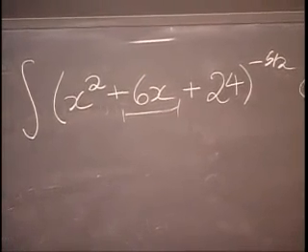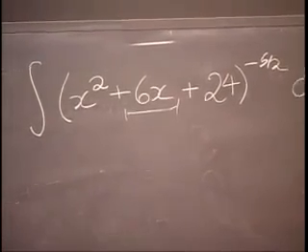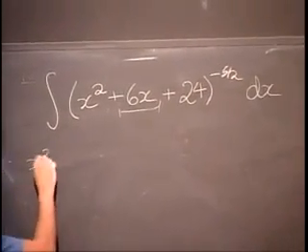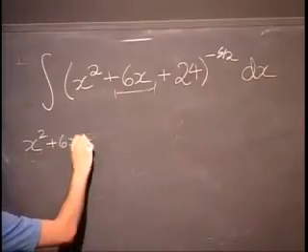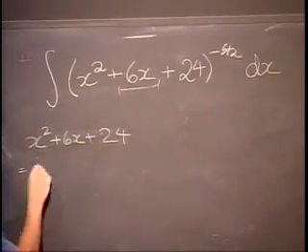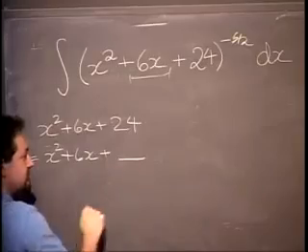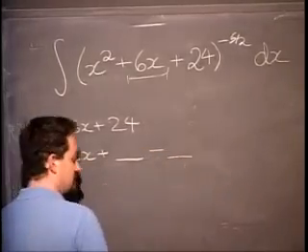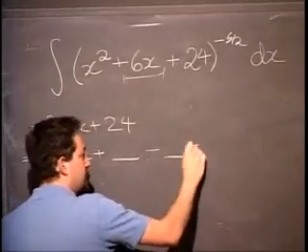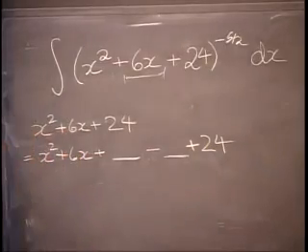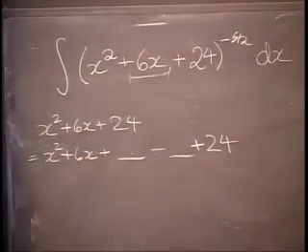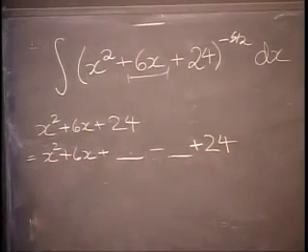But you can convert it to one of the types by completing the square. So if you have a linear term, complete the square first. Let me show you how it's done. X squared plus 6x plus 24 is equal to x squared plus 6x plus something nice minus the same nice thing plus 24. What is the nice thing that goes nicely with the x squared plus 6x?